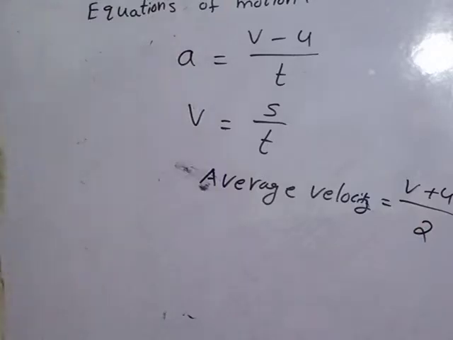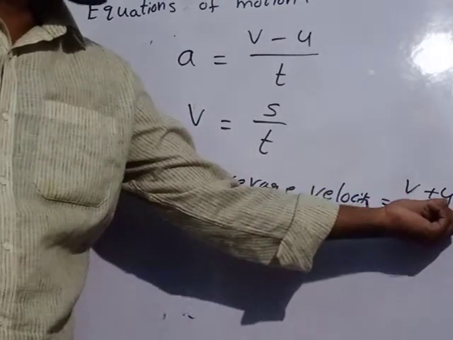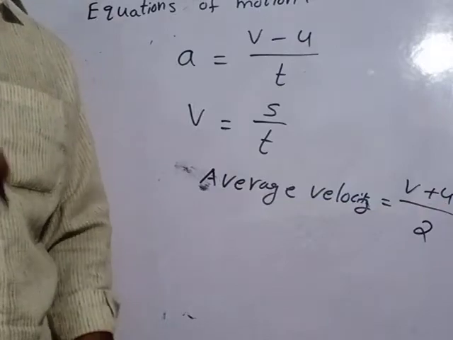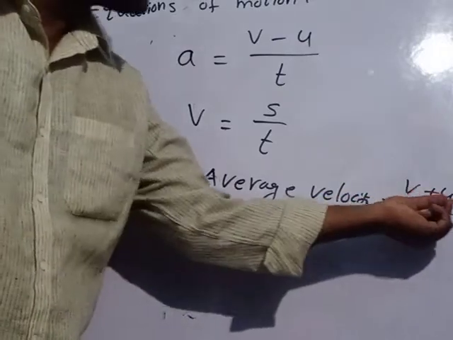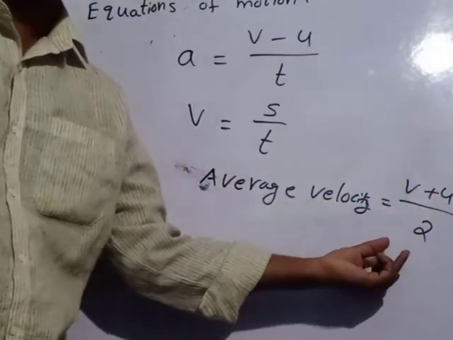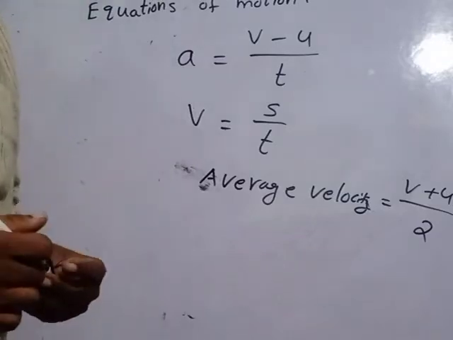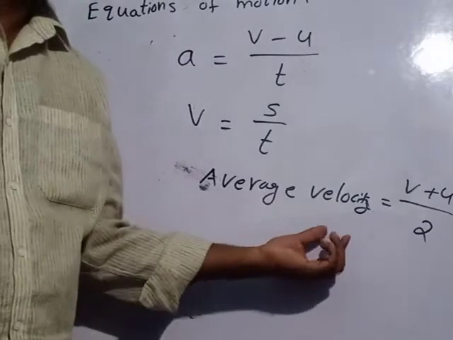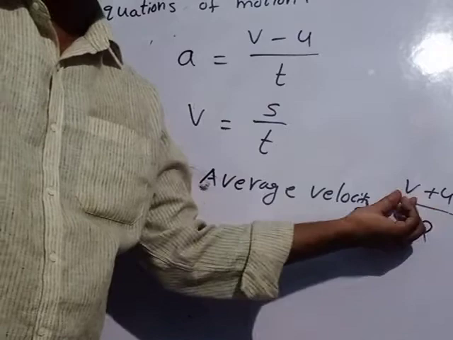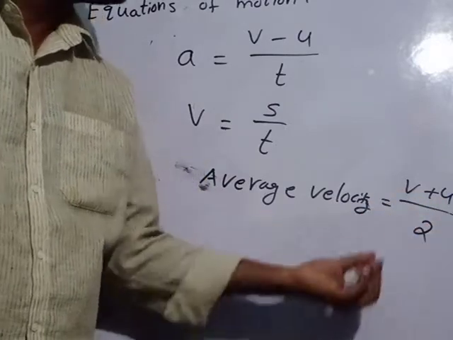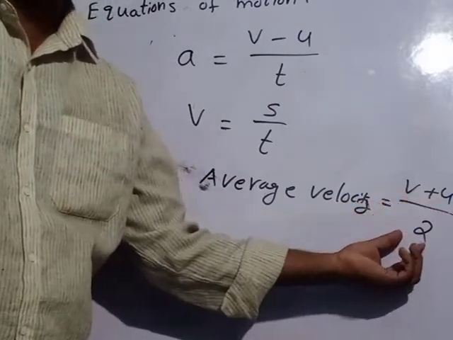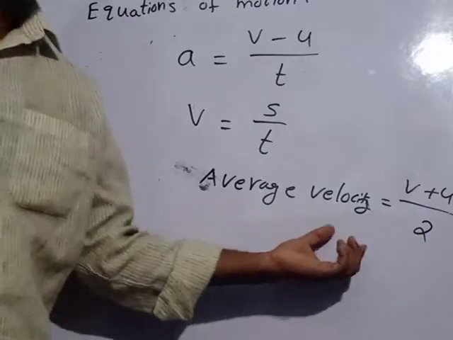So this is also called average velocity. If you know the final velocity and initial velocity, then what is the average velocity? (V plus U) by 2, using the arithmetic mean. You know the arithmetic mean? Here there are 2 terms, final velocity and initial velocity. So (V plus U) by 2. This is the formula for average velocity.